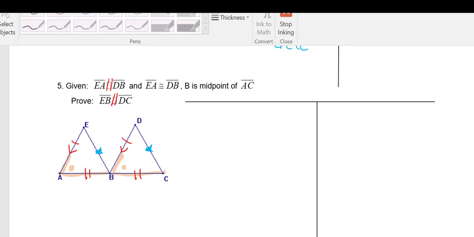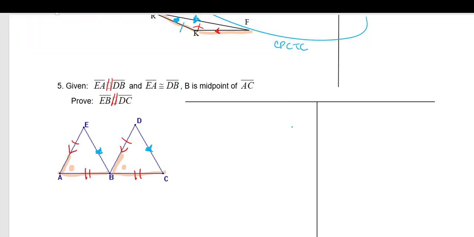So I can definitely say that if I have parallel lines, then the corresponding angles are congruent. Okay, and I know that I got AB congruent to BC because it's a midpoint, and I also have this, that's given. So I know that the triangles are going to be congruent to each other by SAS.